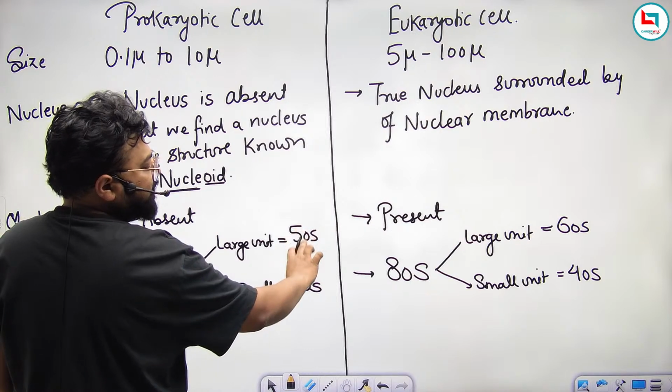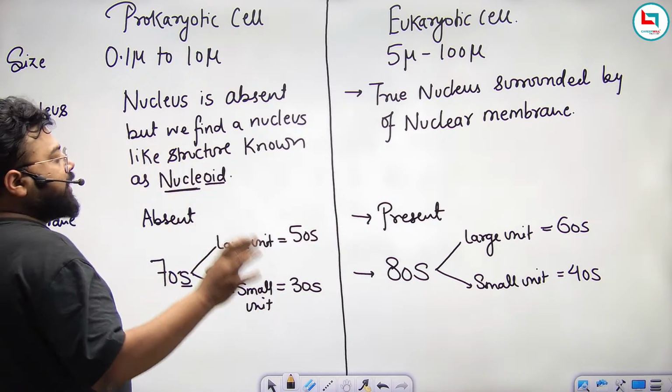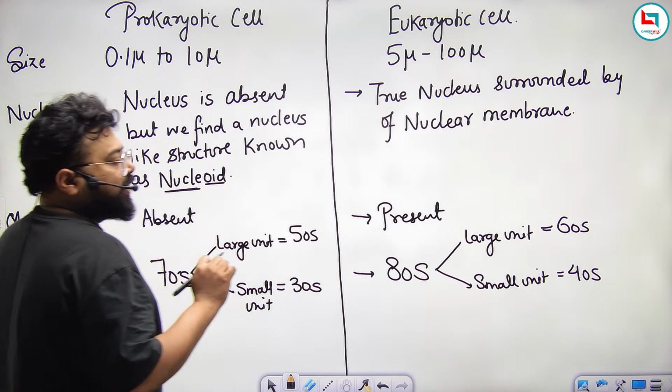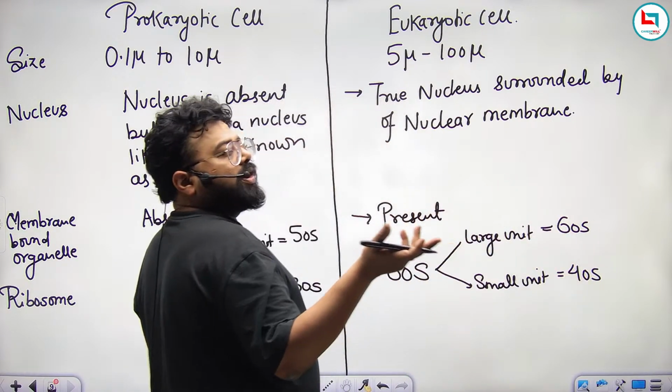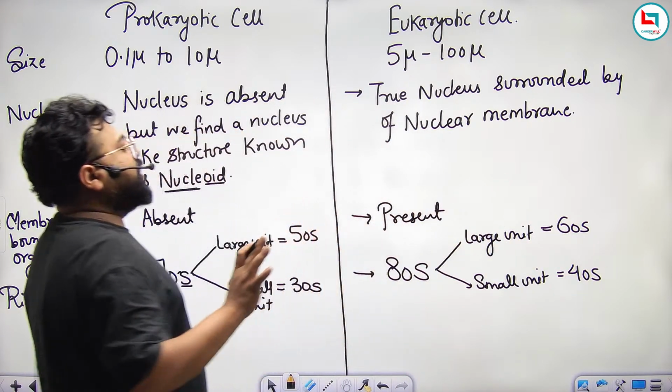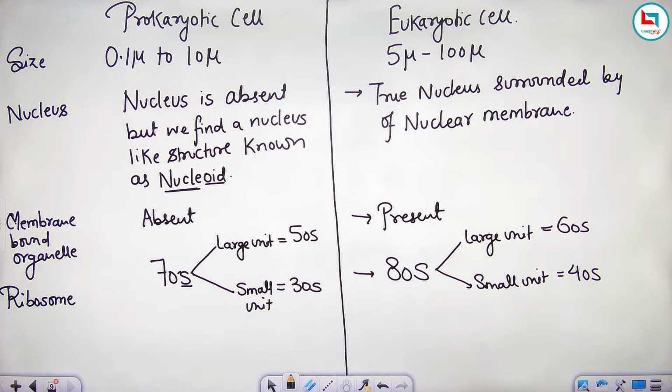If we add 50 and 30, there will be 80, and sir is writing 70S over here. If we add 60 and 40, the sum is 100 and sir is writing 80S over there. It is like this only. These are conformational changes, a 3D thing which I cannot show you over the board. You just have to memorize.